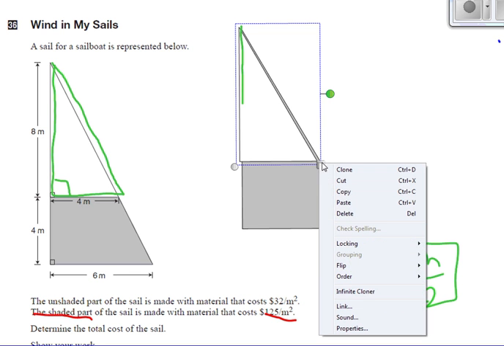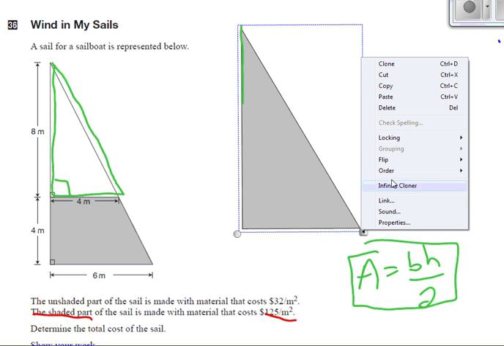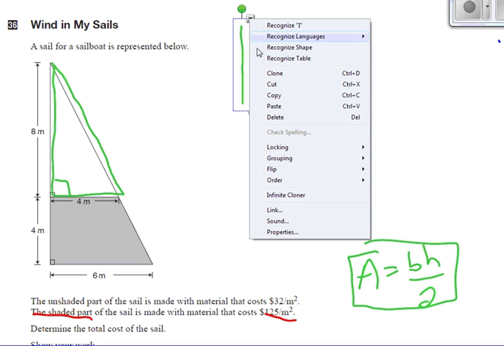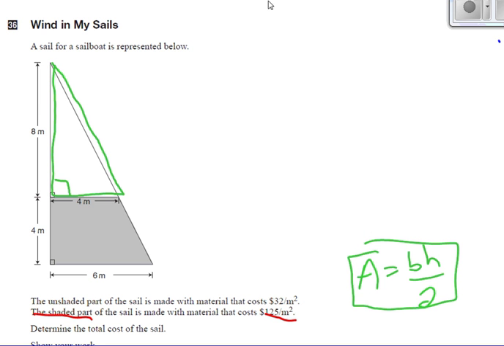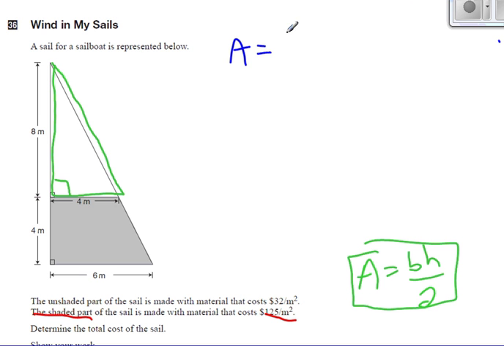So let's get rid of some of this stuff we don't need anymore since we've gotten the answer. Delete. And let's look at this gray shape here as a trapezoid, which is exactly what it is. So the area of a trapezoid, if you look on your formula sheet, is (A plus B) times H divided by 2. A and B are the parallel sides.